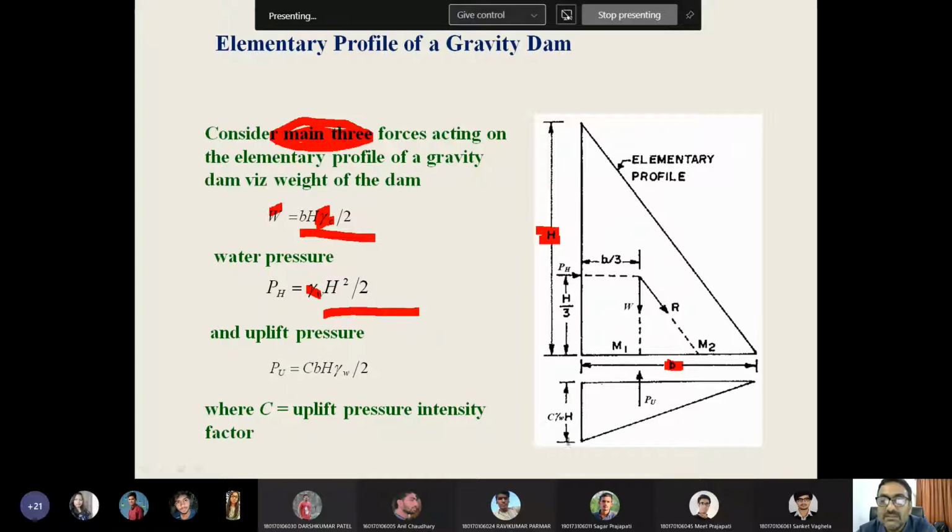And C is the coefficient of uplift. Many times it is taken as 1. If it is taken as 1, it means maximum uplift, and if it is taken as 0, we are ignoring the uplift pressure. So writing 0 means we are taking a risk.